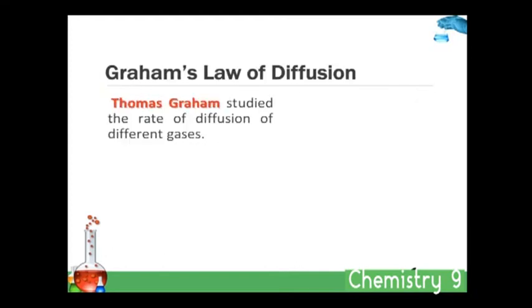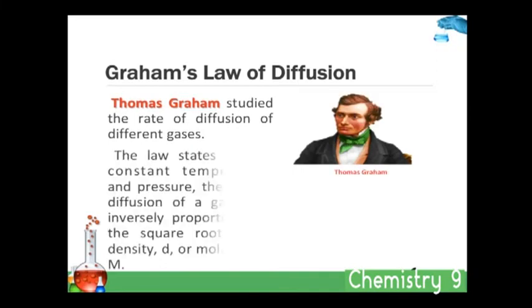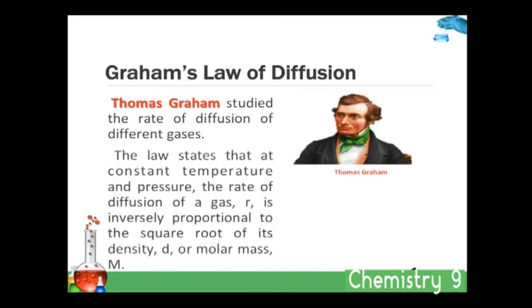In Graham's law of diffusion, he studied the rate of diffusion of different gases. The law states that at constant temperature and pressure, the rate of diffusion of a gas, R, is inversely proportional to the square root of its density, D, or molar mass, capital M. Remember that this lowercase r here is not the gas constant.